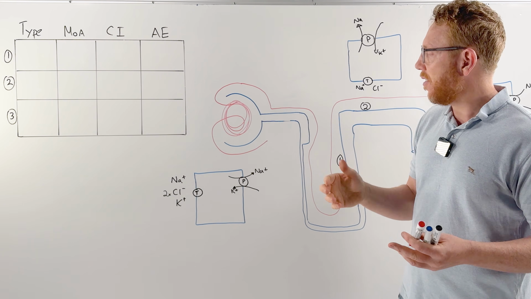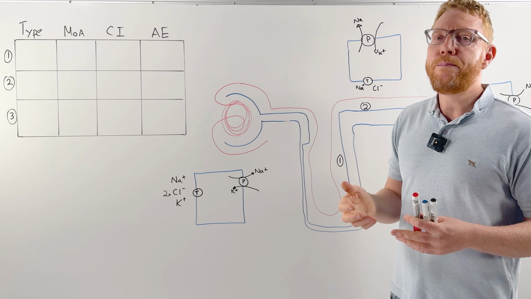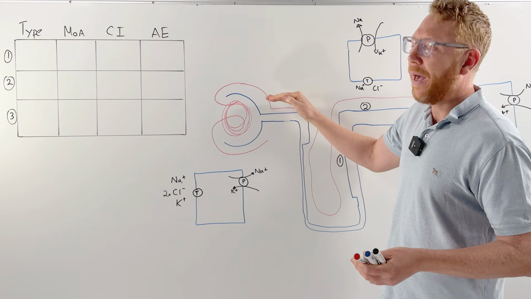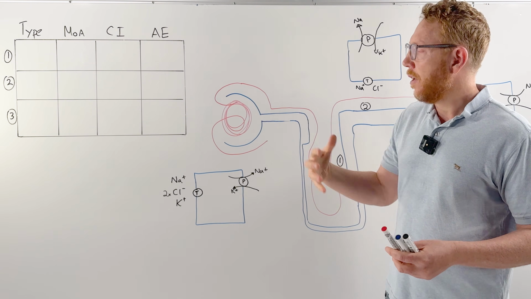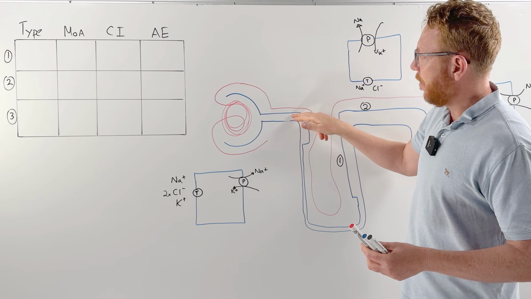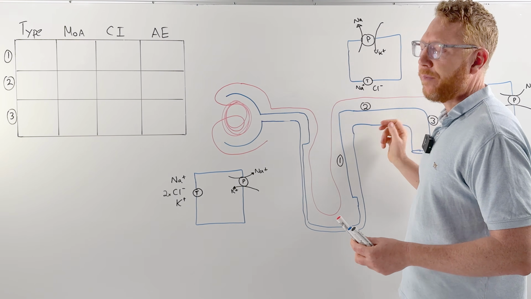That's a lot of plasma, which tells you we need to reabsorb most of it, about 99% of what comes out. This is the function of the nephron: to pull the plasma out, which becomes the filtrate, and then the filtrate goes on a journey to get 99% of the stuff back in.